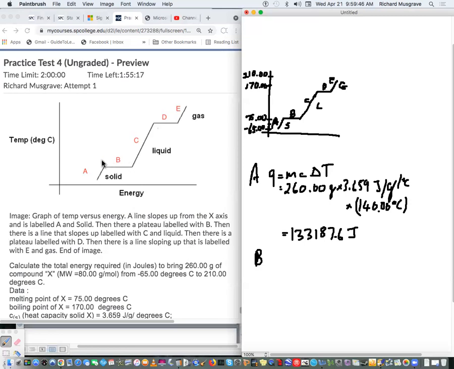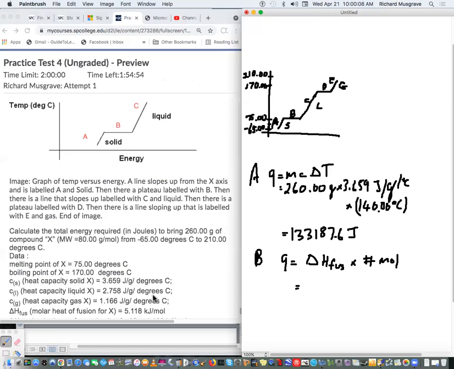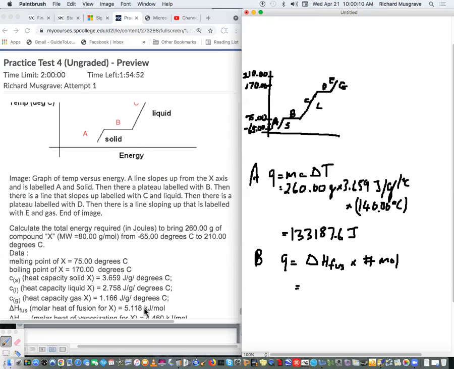Okay, so B is the solid part going to the liquid. So that's going to be Q equals delta H fusion times number of moles. Now the delta H of fusion is going to be given down here, 5.118 kilojoules per mole.